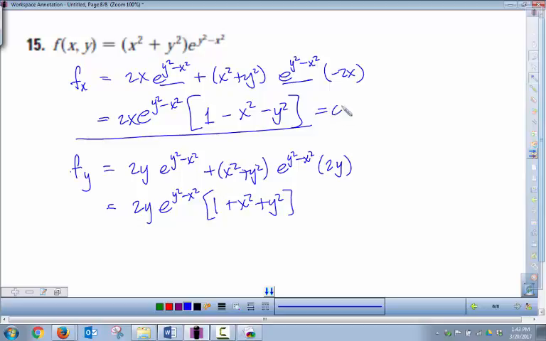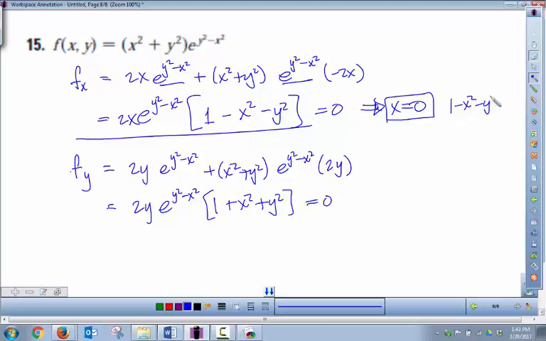squared. Okay. If we set them equal to 0, for this one, we're going to get 2x equal to 0. That looks like something that's valid. And then we're going to get 1 minus x squared minus y squared is equal to 0. So that can't really solve for this, but we can say that a unit circle, each point in the unit circle, you have a possibility of getting a critical point.